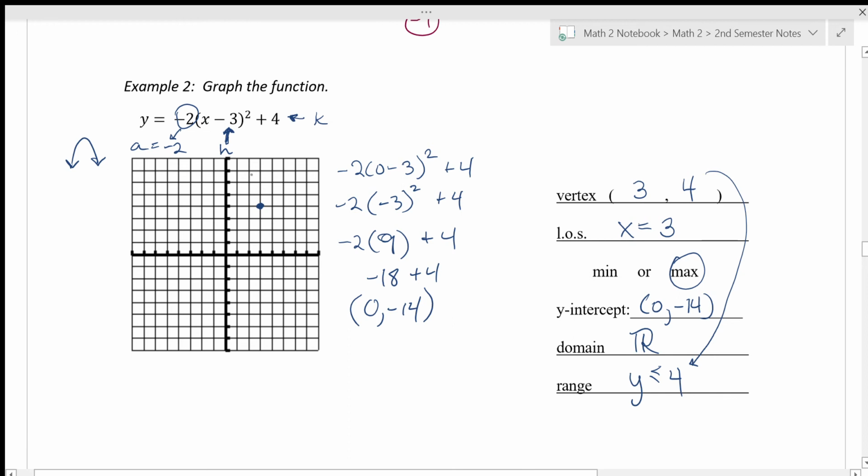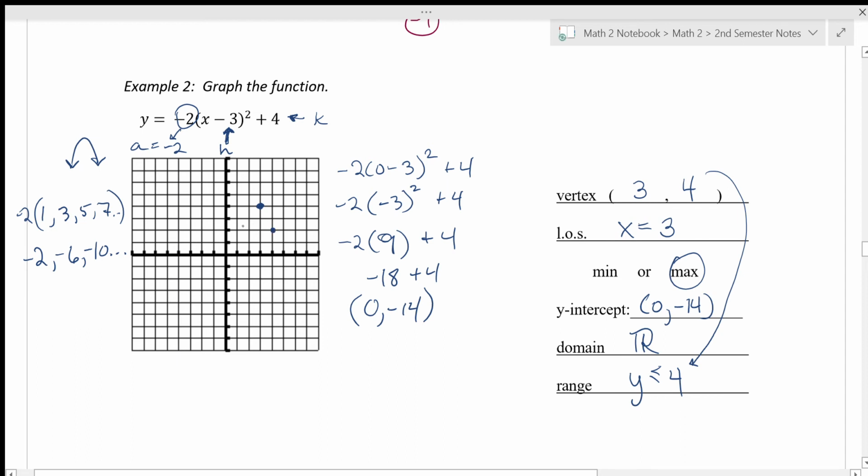So I'm going to go ahead and I'm going to use my pattern this time. So my home base pattern is 1, 3, 5, 7. But my A value is -2, so I'm going to take this pattern and I'm going to multiply it by -2. So I'm going to move instead at -2, -6, -10, etc. So from my vertex point, I'm going to go over 1 and then I'm going to go down 1, 2.